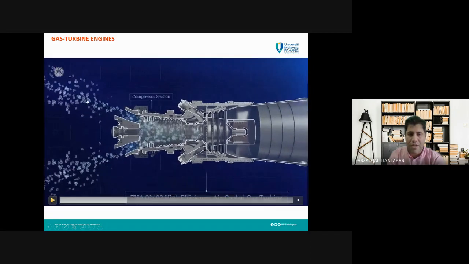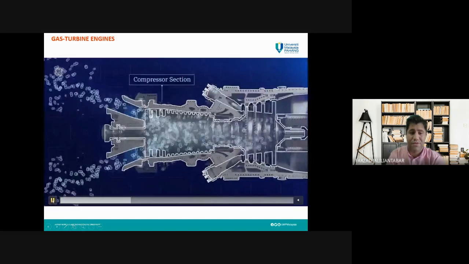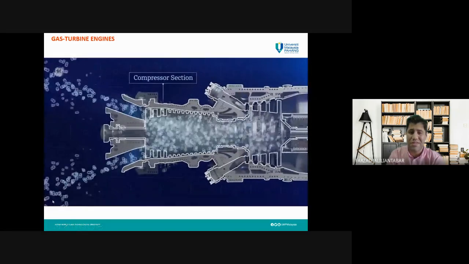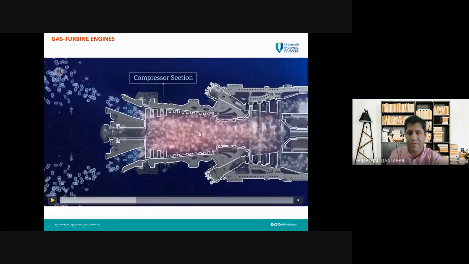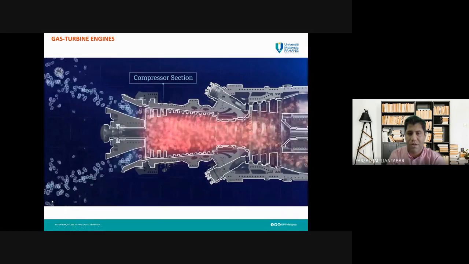Here again, air comes into this cylinder. The air comes to the cylinder and is compressed. We have a compressor section here. Air is compressed here, then its temperature will increase.